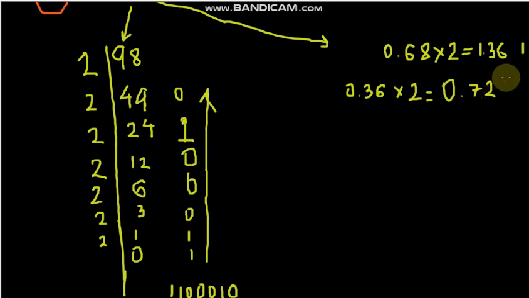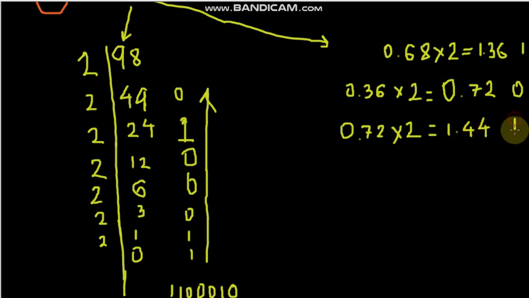This 0 goes on the right hand side, and this 0.72 again comes here, that is 0.72 multiplied by 2. Again it gives us 1.44. Now this 1 goes on the right hand side, and the 0.44 comes below, that is 0.44.